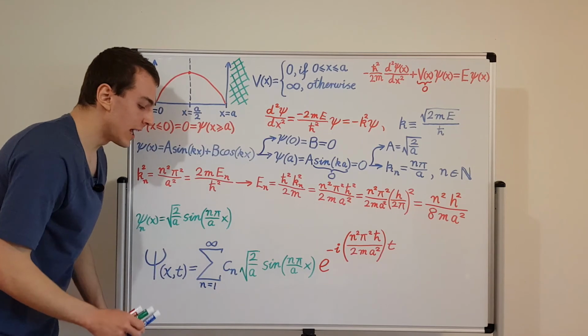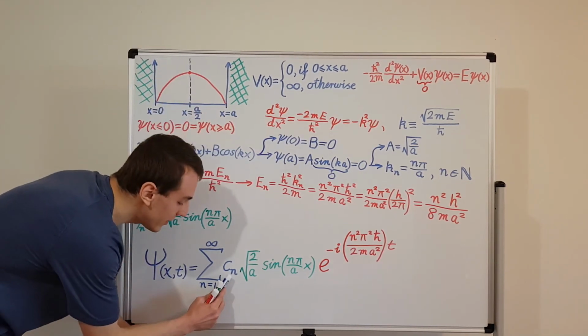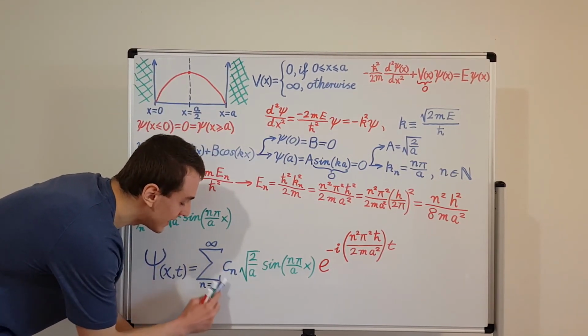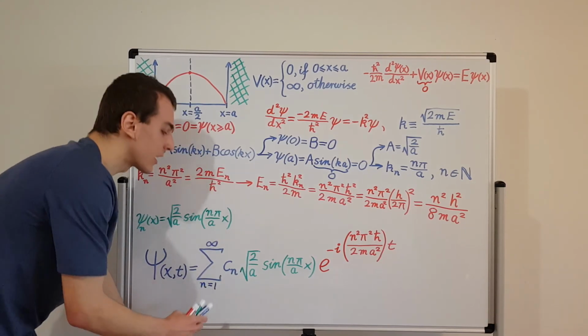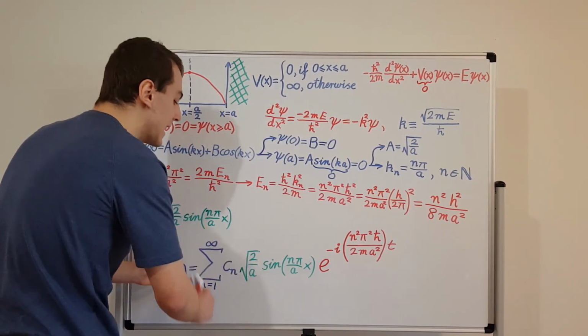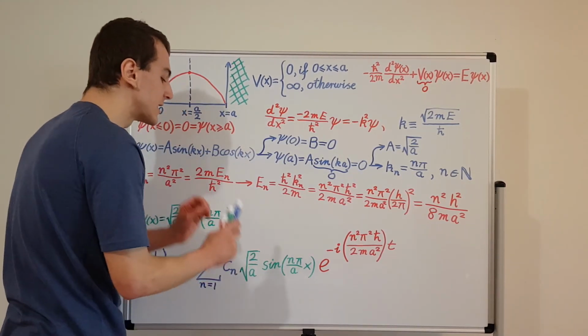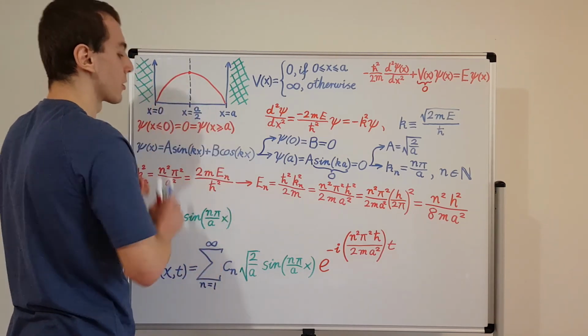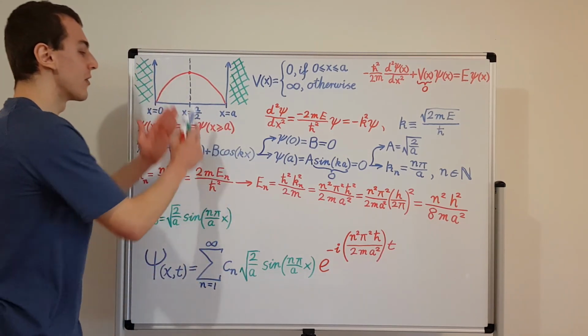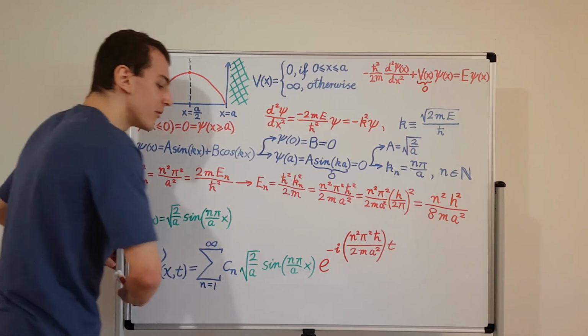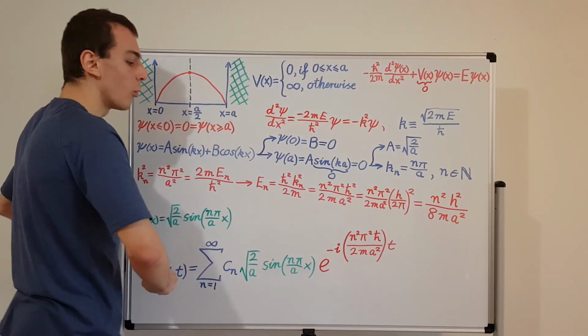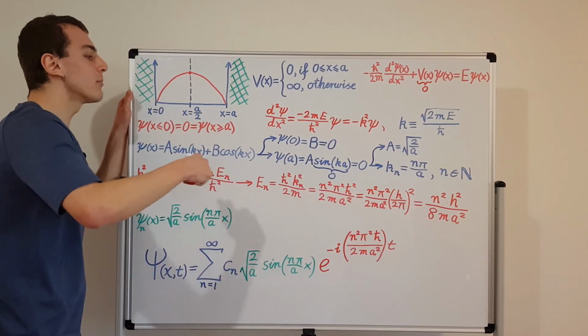And what you want to do is at t equals 0, you want to find what these coefficients are. Those coefficients are going to uniquely describe the initial conditions, or the initial state of the particle in a box. So that's how you prepare the state. Then this time evolution is going to tell you what happens to the particle as time goes on.